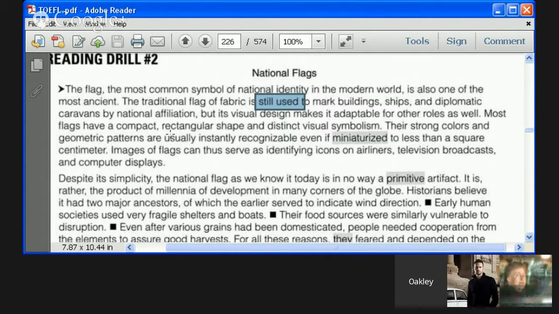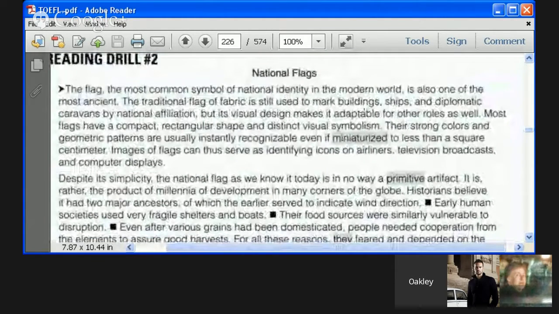Does it say the flag is older than the country it represents? Not clear. Not clear at all. There's something about the symbol in the modern world being ancient. The flag as a symbol is ancient, but it's totally not clear.